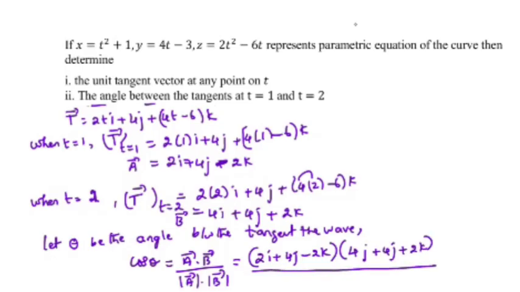divided by root of the coefficients of i, that is 2 square plus 4 square plus minus 2 whole square, then root of 4 square plus 4 square plus 2 square.